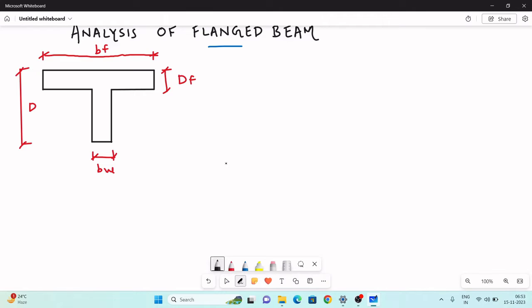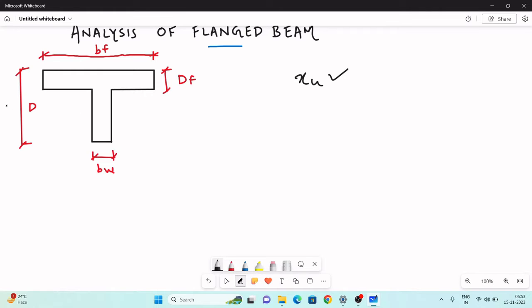Now we will locate the depth of the neutral axis, whether it lies in the flange or in the web. Now you see, you cannot find the depth of the neutral axis to locate the neutral axis, because you have different formulas. If the neutral axis lies in the flange, you have a different formula of xu.